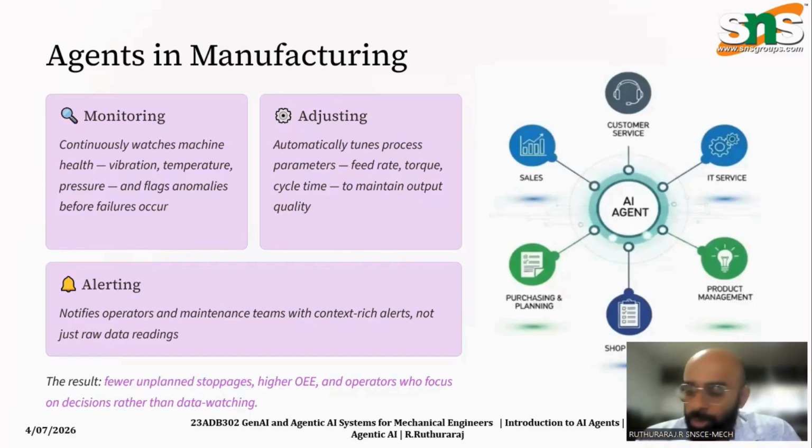Or if there are more orders for a particular type of component, it may place an order with the vendor for the raw material required for processing that component. As you see here, this can be automated more suitably using AI agents. This is just an example from the manufacturing sector. Multiple such applications exist in manufacturing.